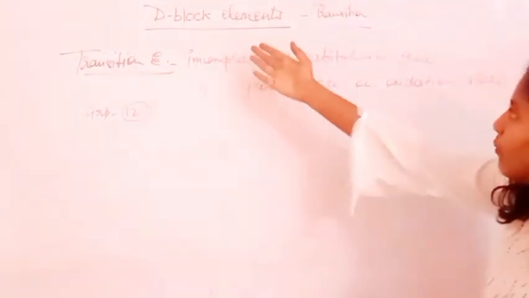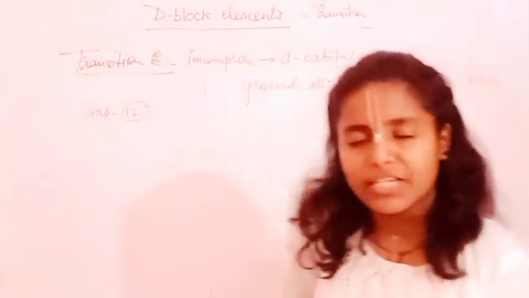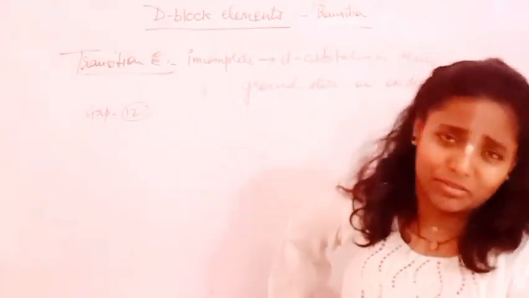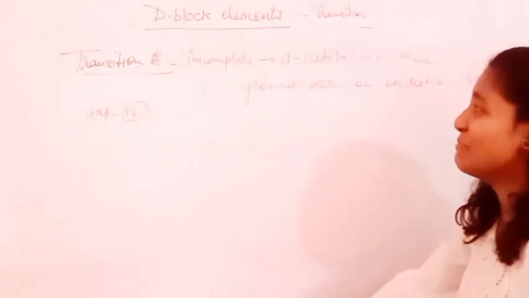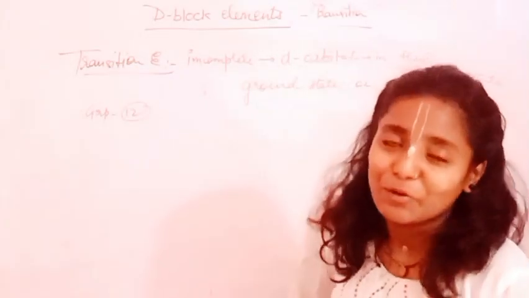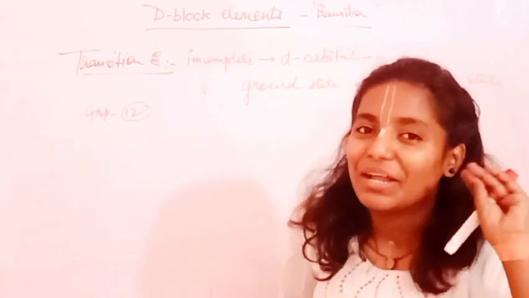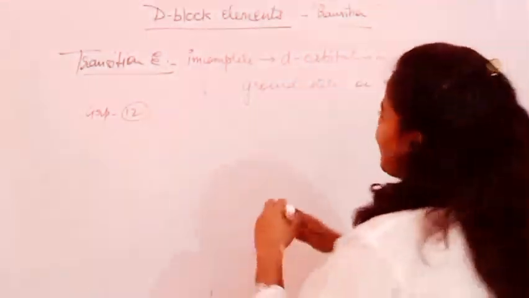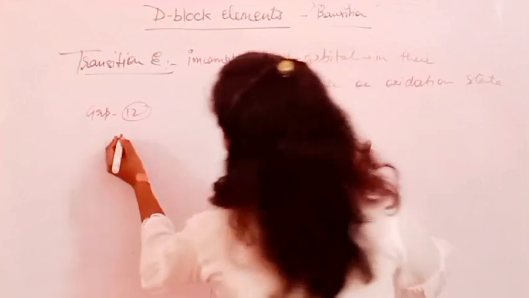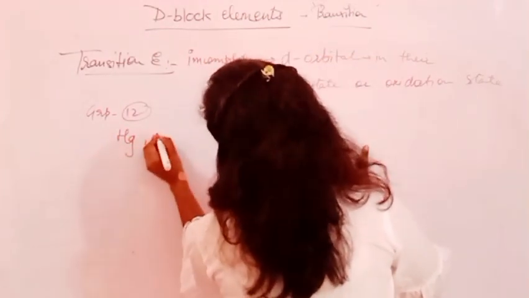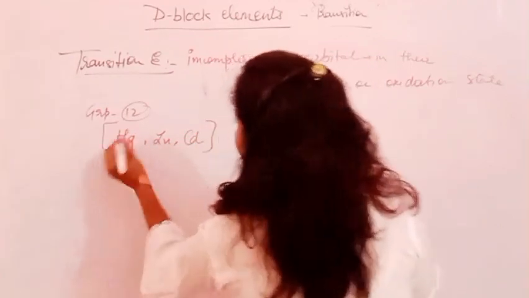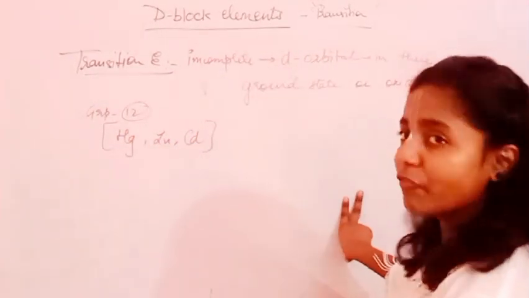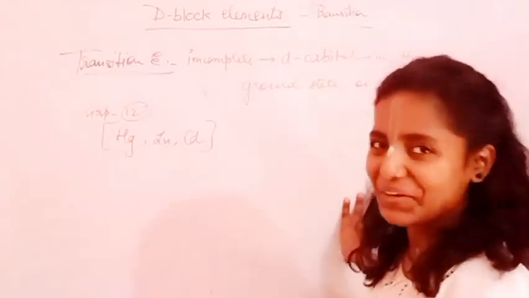You just told me d block elements are also known as transition elements. In my book it is written d block is known as transition element. Who are you to say that group 12 elements are not transition elements? Well, don't worry, I will tell you. Group 12 includes Hg, Zn and Cd, which lie in the 3d, 4d and 5d series.